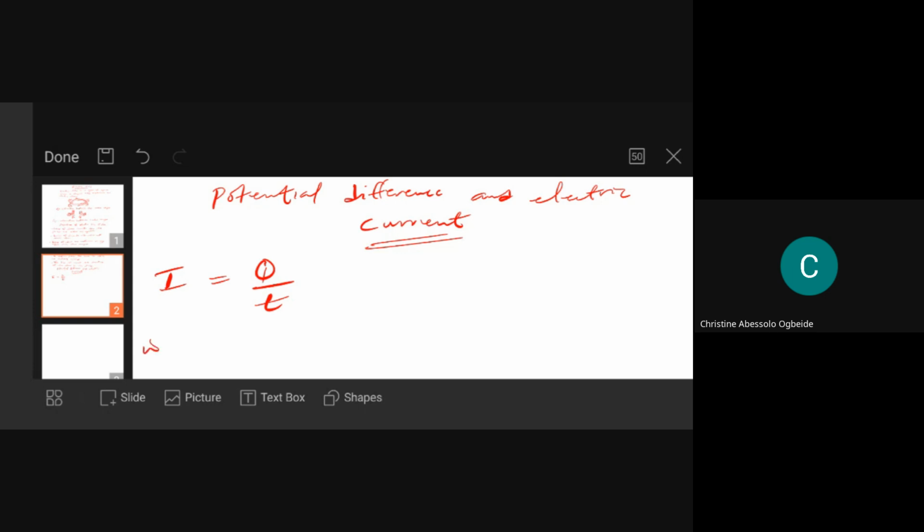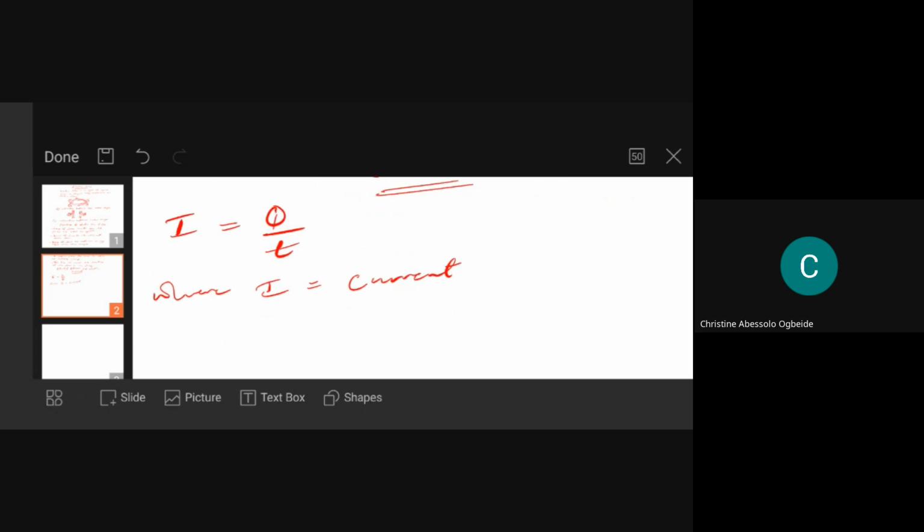So our I here talks about the current, the Q is a charge, and then our t is time in seconds, the charge in coulombs, and of course our current in amperes. So these are their units.